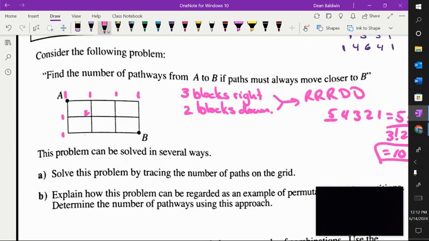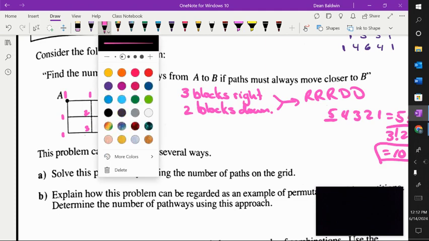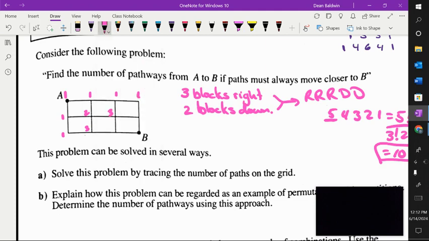So that's going to be 2. This one here, I'm adding the 2 that are attached, so 2 plus 1 is 3. This one here, 1 and 2 is 3. The next one, 1 and 3 is 4. What number is going to be here? 3 and 3 is 6. And the final is B.